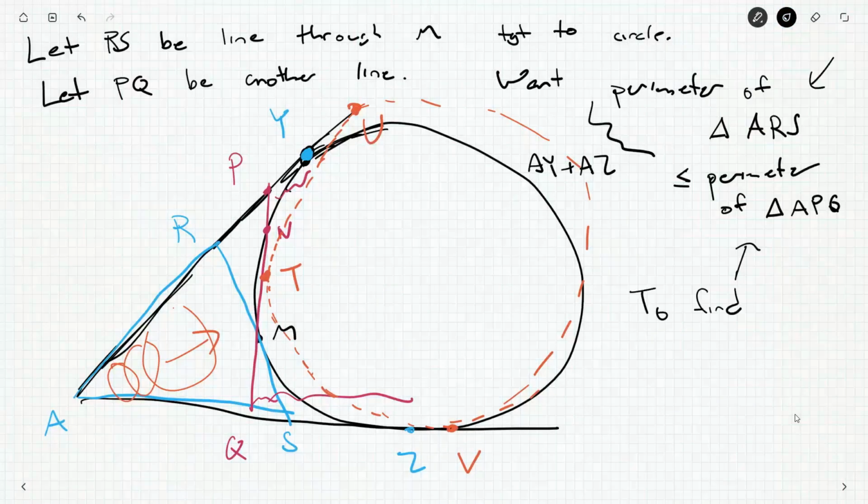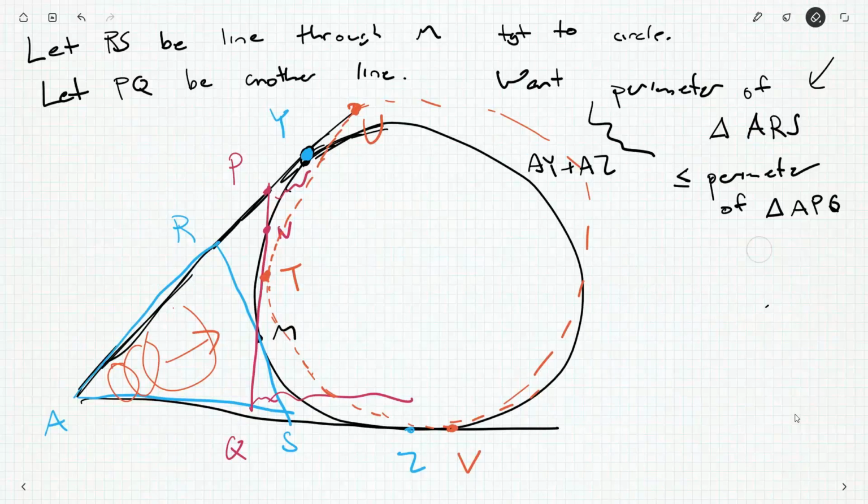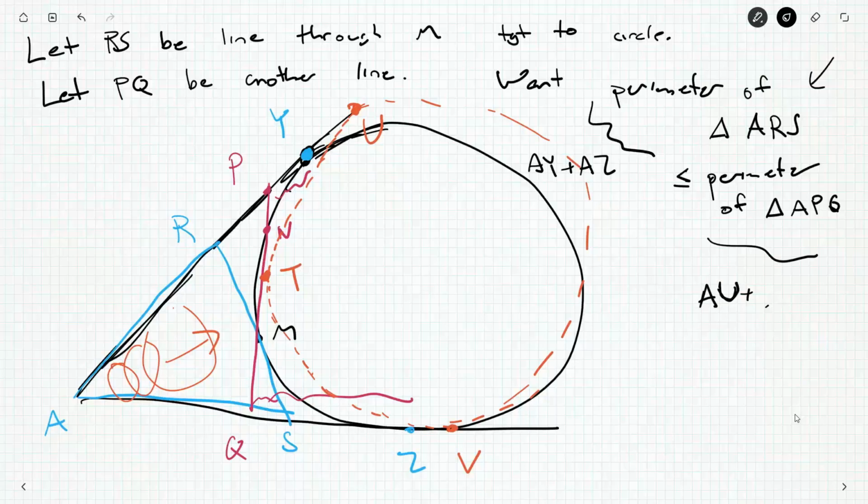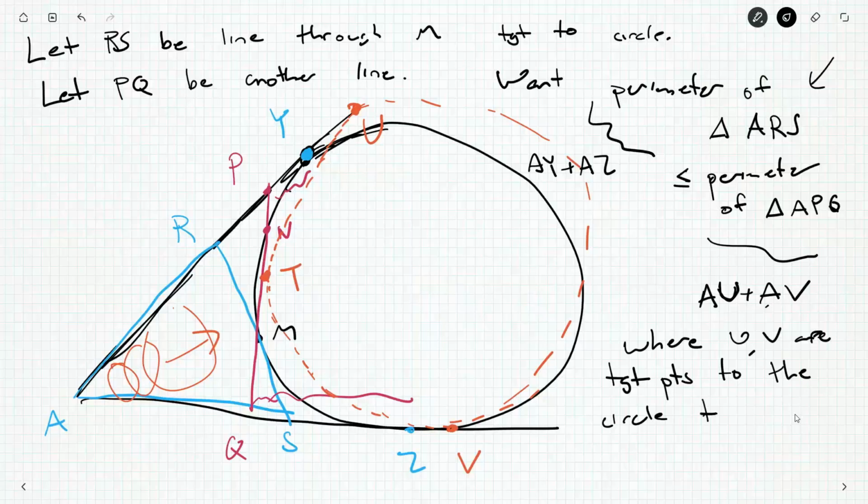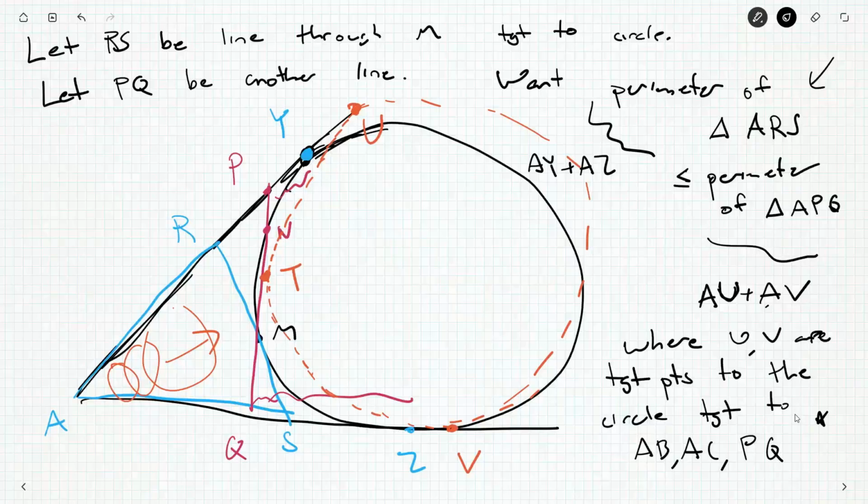To find... so this is equal to AU plus AV, where U and V are tangent points to the circle that is tangent to AB, AC, and PQ. And this circle can definitely be found, again, if we want to, just write a little side note as to why this works.